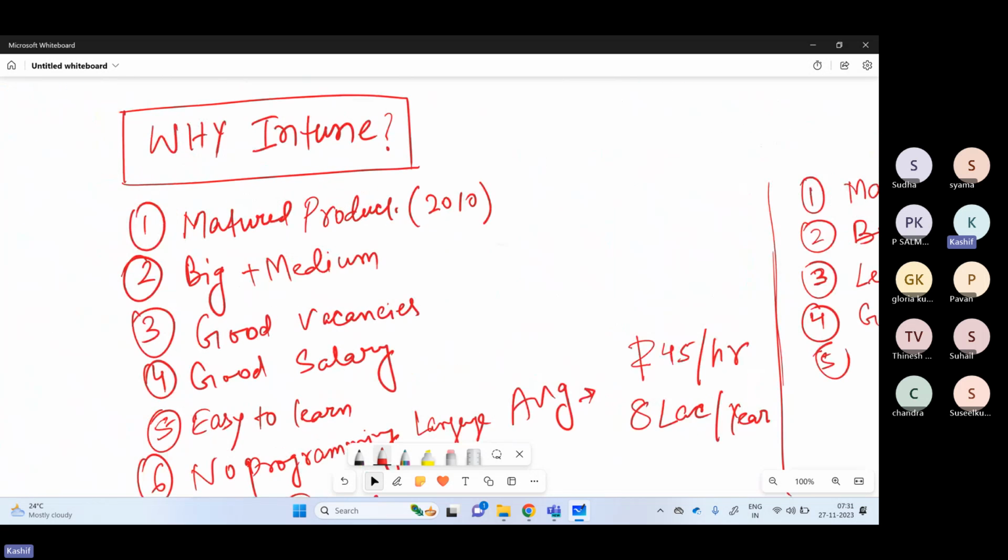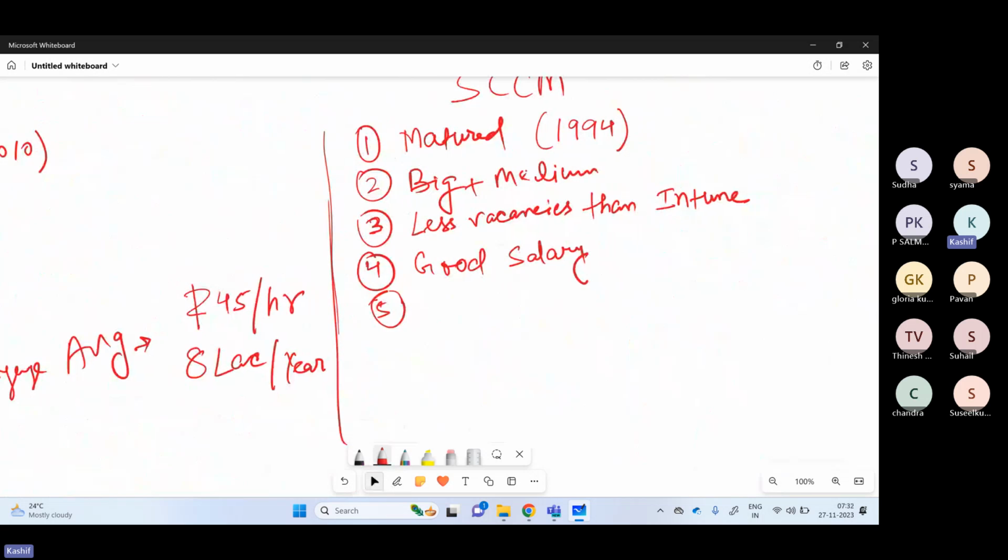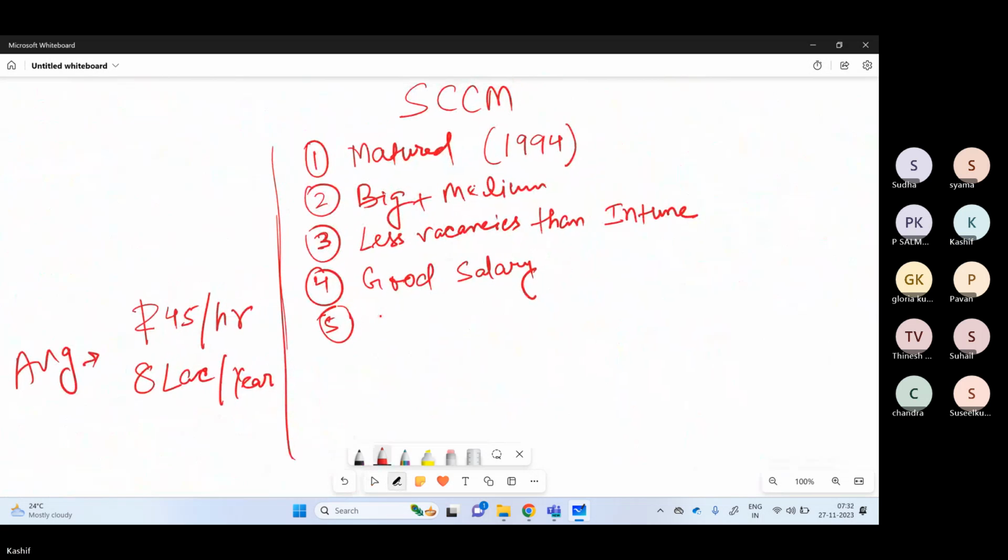Point number 5, I'm comparing with Intune. It is a little tougher to learn SCCM than Intune. So you can learn Intune more easily than SCCM.